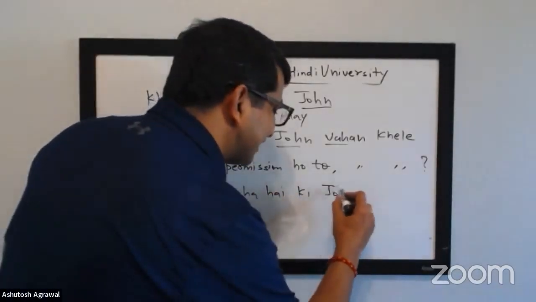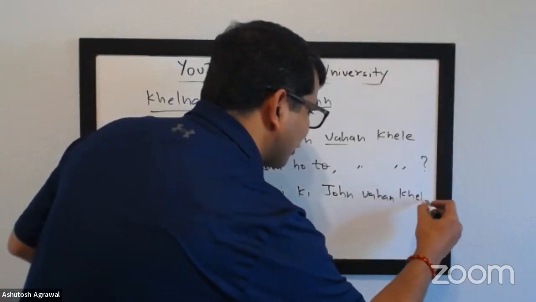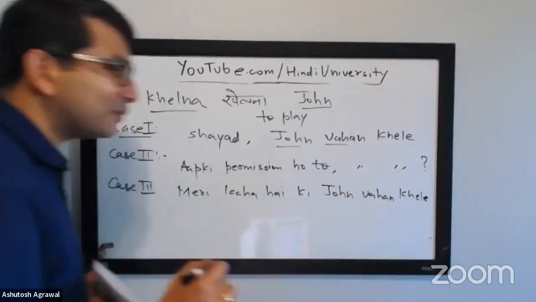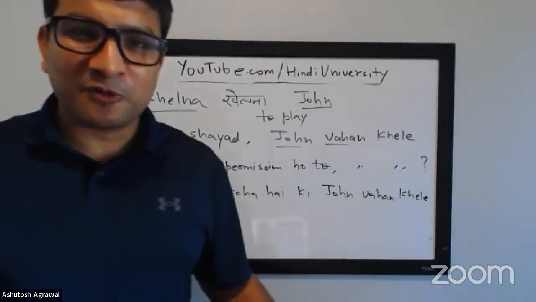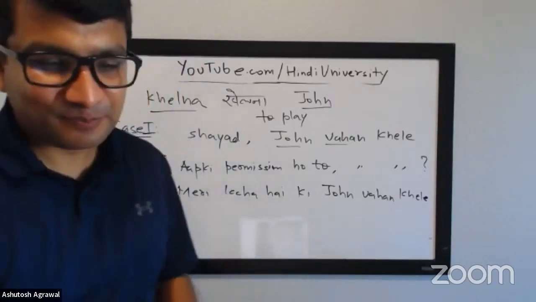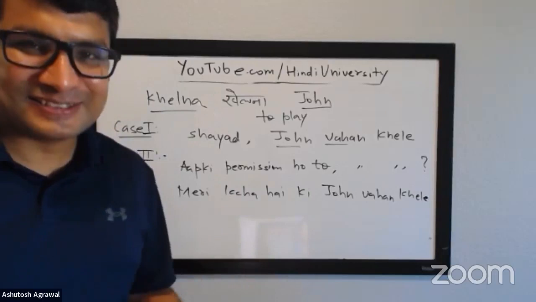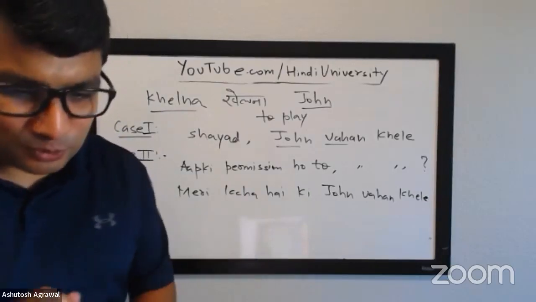Very good. It's just like you're watching your favorite sport, and you're like, it's my desire that this person plays this game, right? Same sentence, but it has a different emotion, mood there.